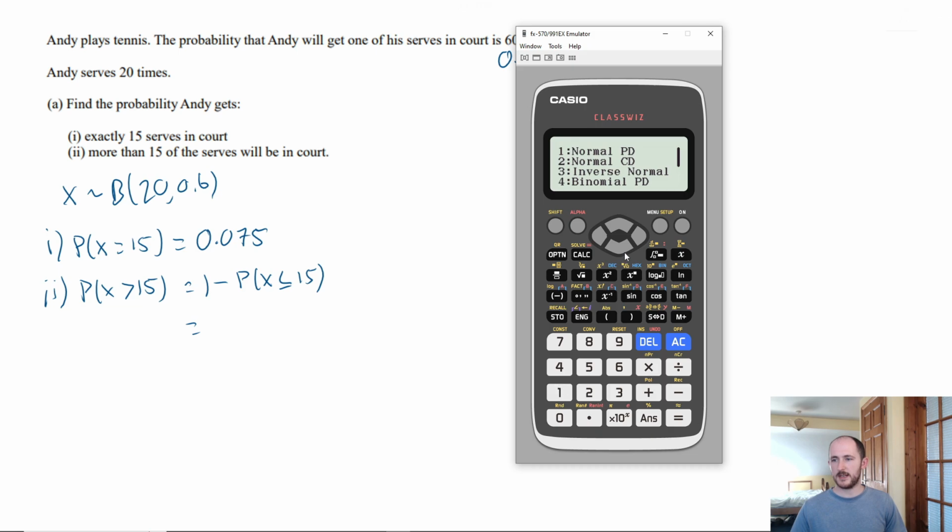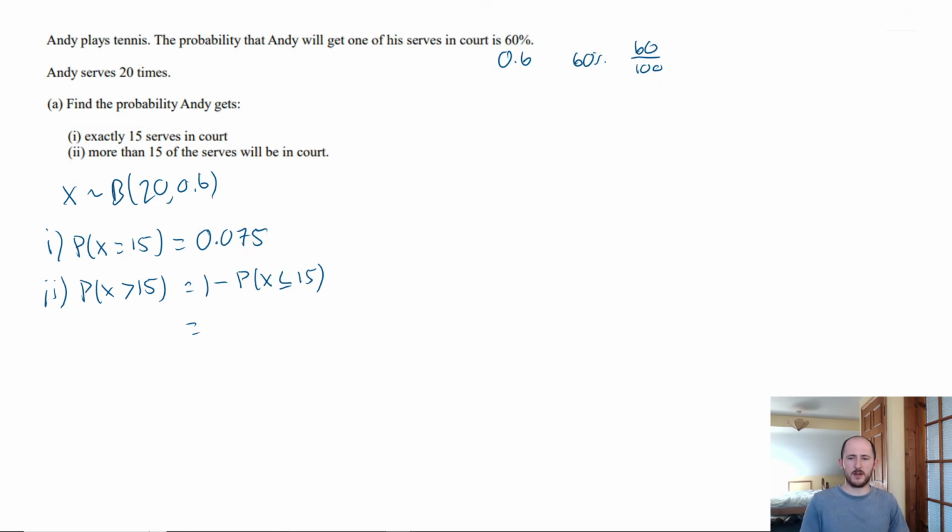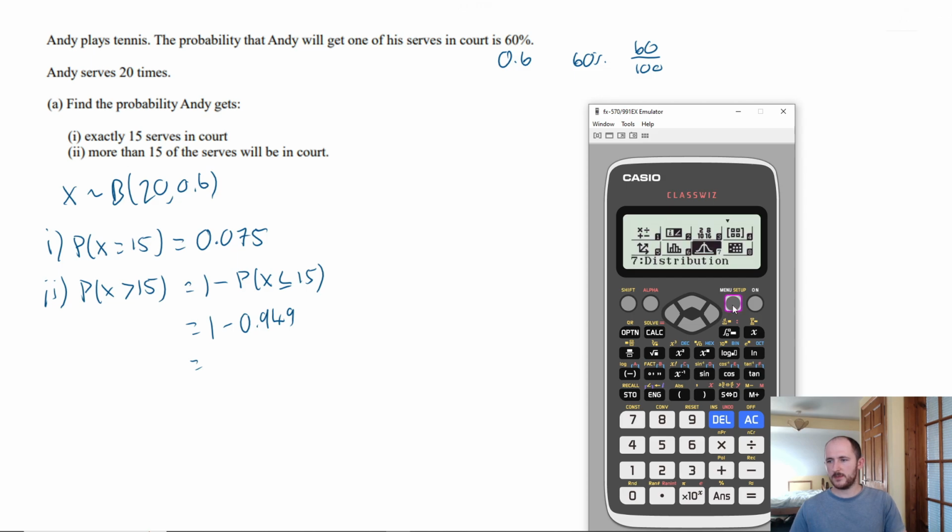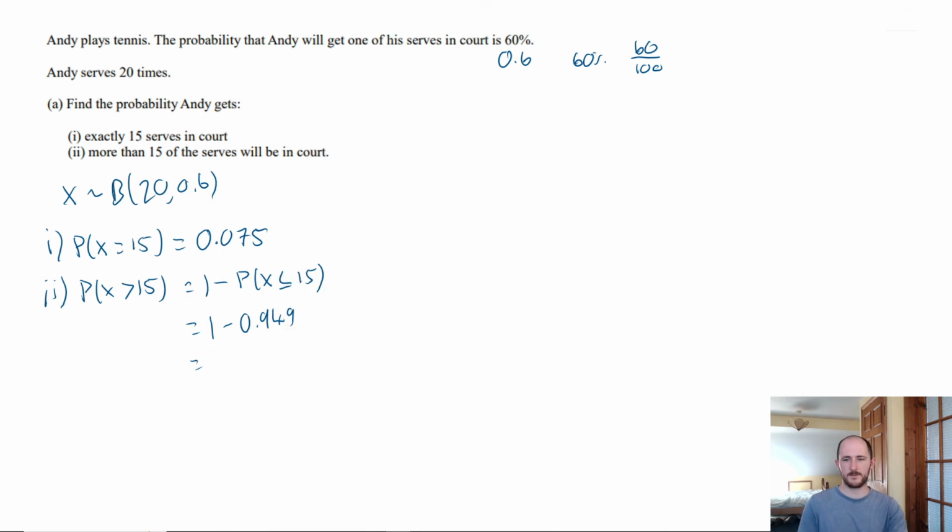So 7, down, 1, variable, 15 again, the rest of this is normal, so that's fine. 0.949, but again, we're going to be using our calculator, so we don't need to be too precise. So back to 1 minus ANS, 0.051, let's call it. So there's about a 5% chance that more than 15 will be in the court, and this makes sense because he misses 40% of the time.